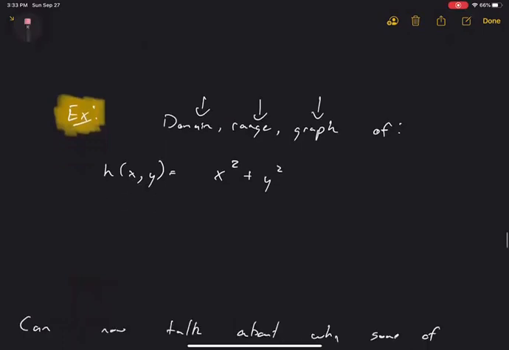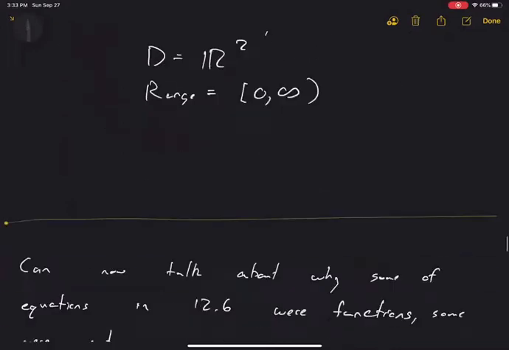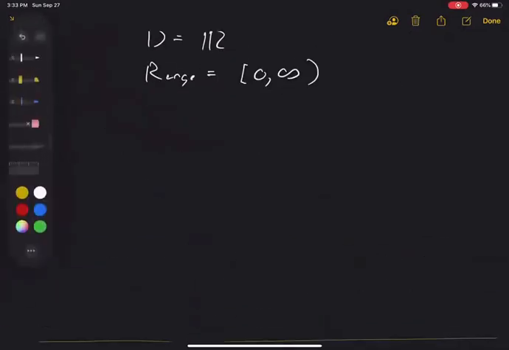Well, domain and range we've kind of talked about already. You can verify this yourself. The domain is all of R2. The range is from 0 to infinity. What's the graph look like? That's what we're talking about now.